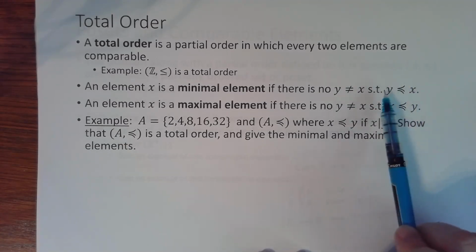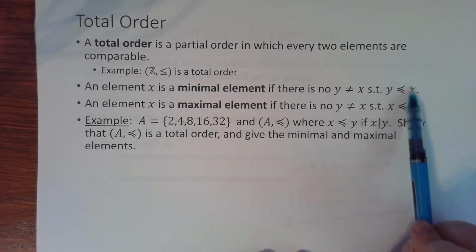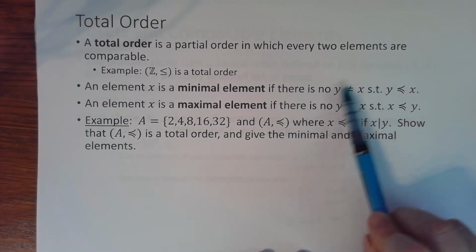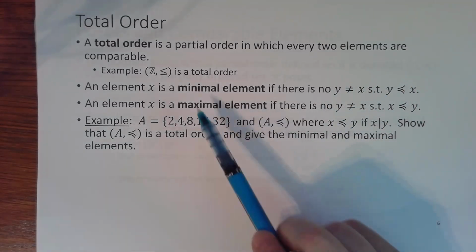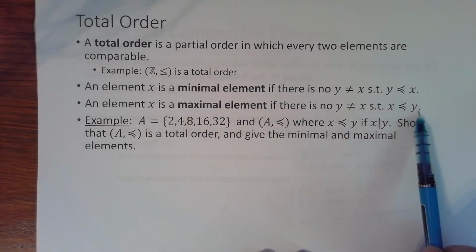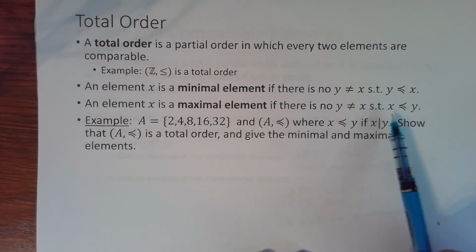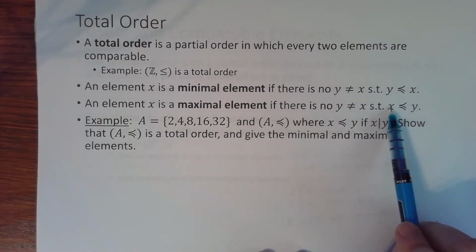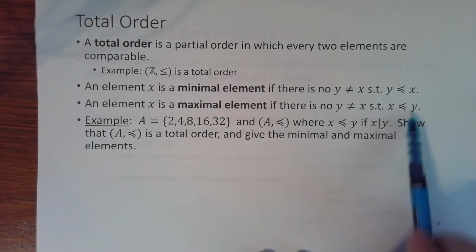In terms of arrow diagrams, I don't have any arrows coming into x apart from possibly x itself. And a maximal element is one where there's no y listed after it. In digraphs, I have arrows going out, but I don't have any arrows coming in.